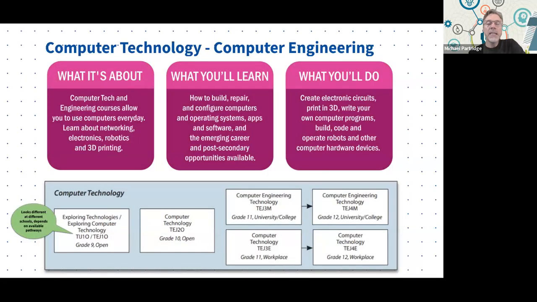So TE courses, again, they can start with the TIJ, which is that exploring tech. And then you'll see them in TEJ 20, and then a 3M, and then a 4M. Again, to take the 4M, you must take the 3M.